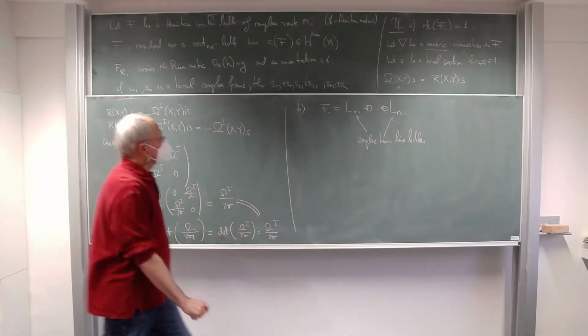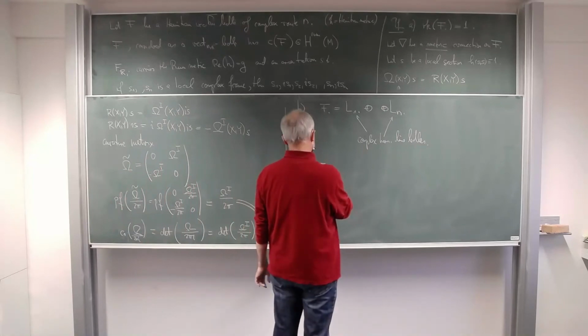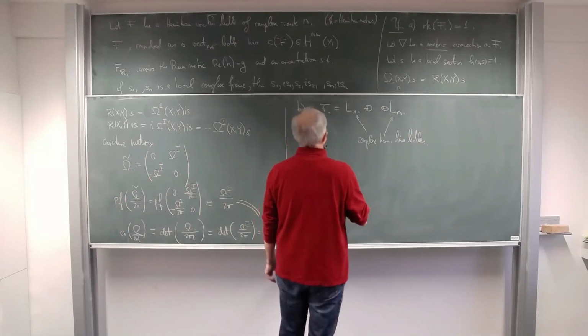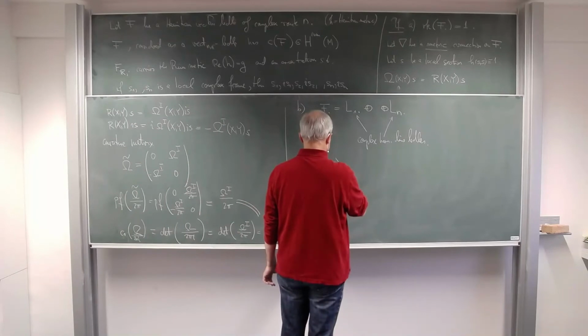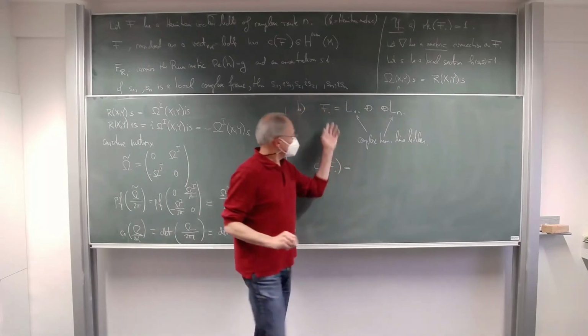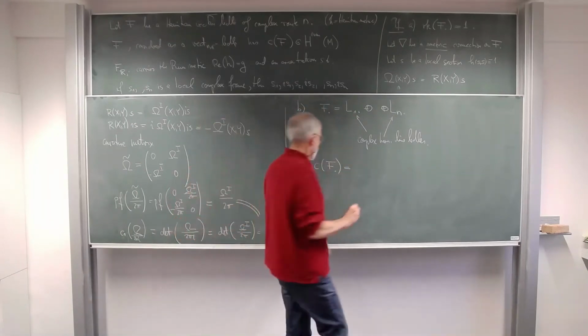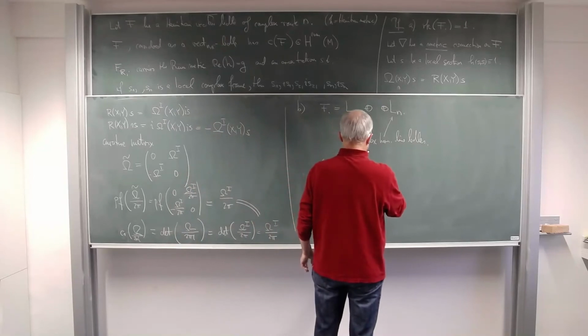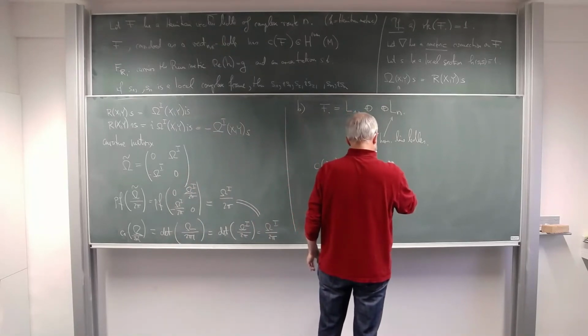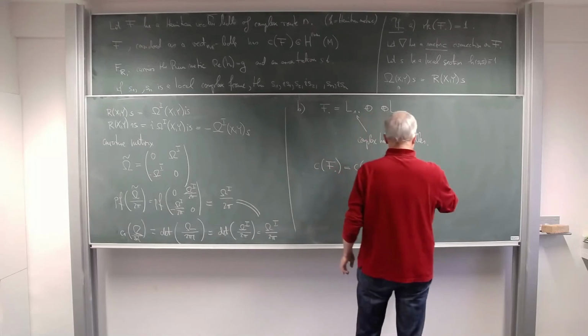So let's see. If we look at the Chern class of this guy, then we have this multiplicative property of the Chern class, which says that this is the Chern class of L1 times the Chern class of Ln.